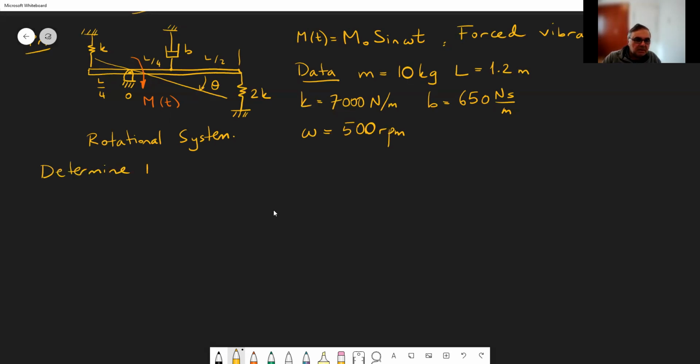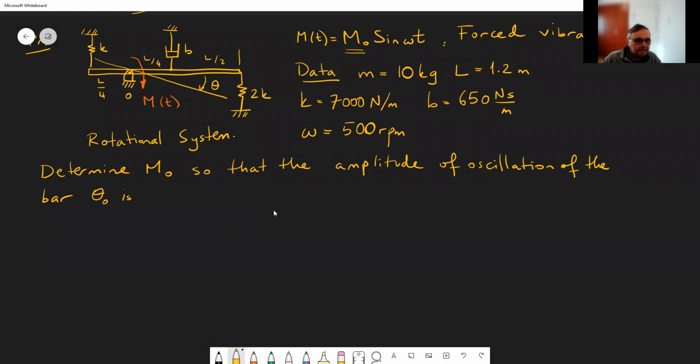Determine M0, the amplitude of the torque, this one, so that the amplitude of vibration is less than 10 degrees.